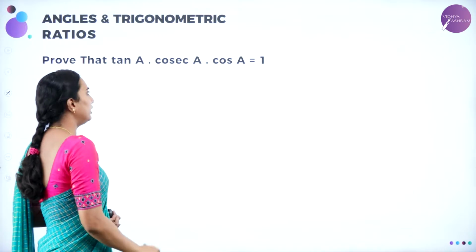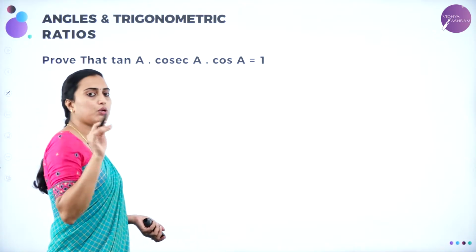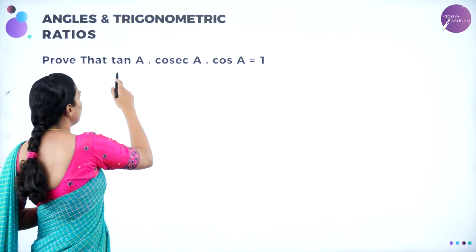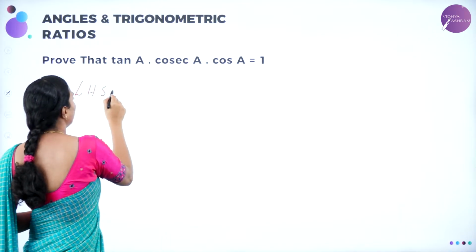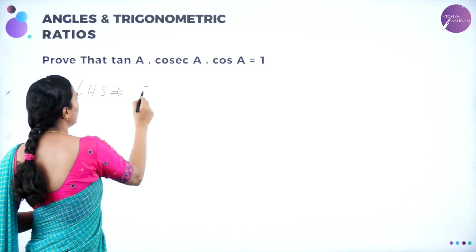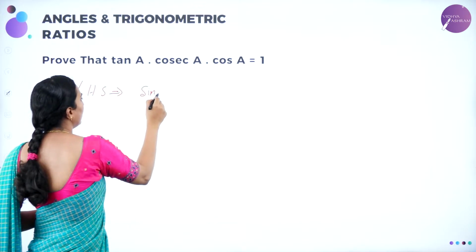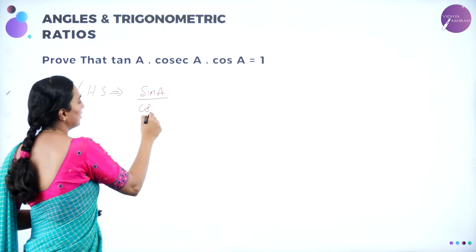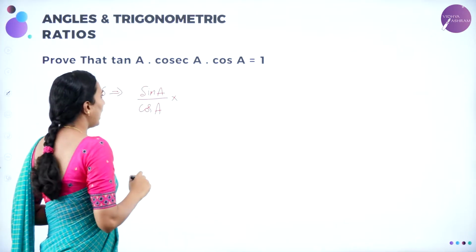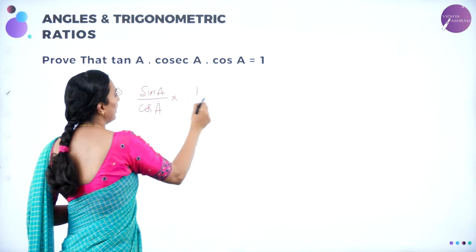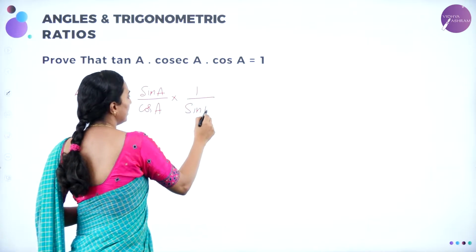Prove that tan A into cosecant A into cos A is equal to 1. So, tan A can be written as what? I am going to take the left hand side. So, left hand side, and then I am going to write tan A is equal to sin A divided by cos A into cosecant A, which can be written as what? It is nothing but 1 divided by sin A, isn't it?